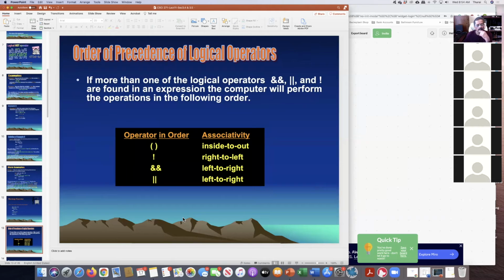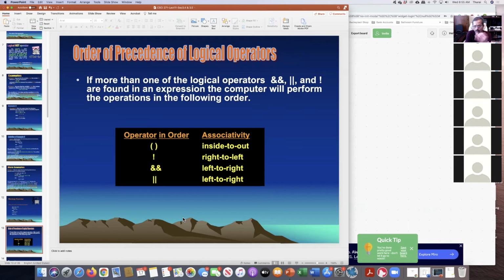Now we need to know exactly in which order these are evaluated. In arithmetic operators, if you remember, there is a certain order defined already in the language, and the system operates according to that order. Parentheses are done first, of course.